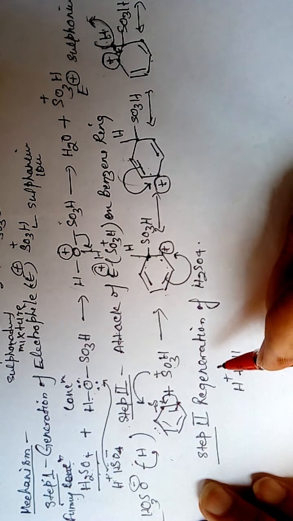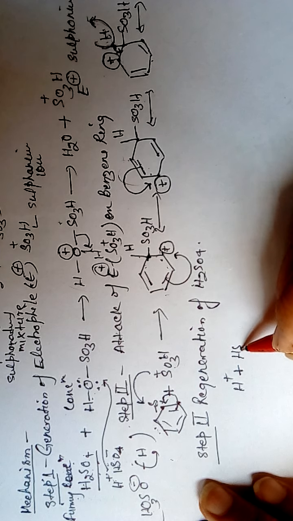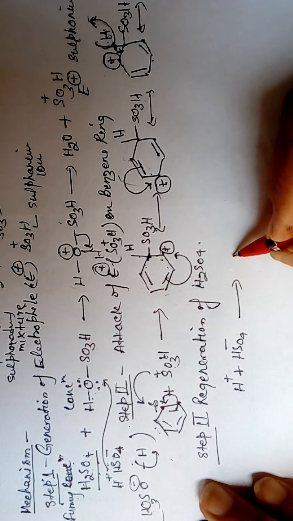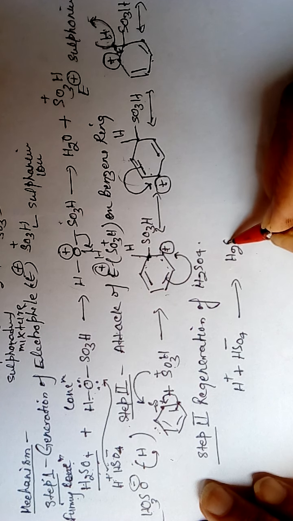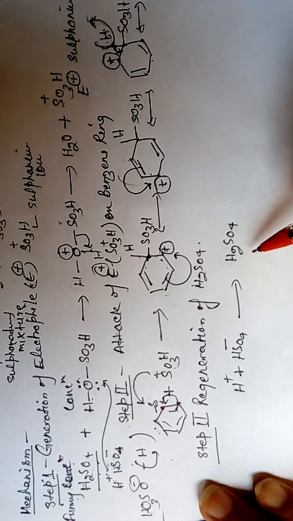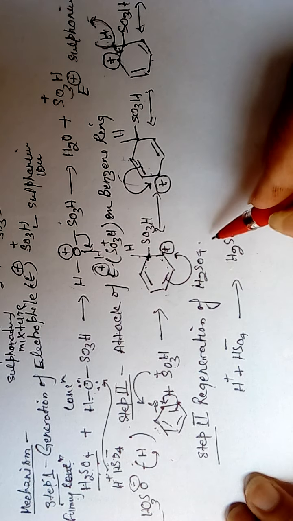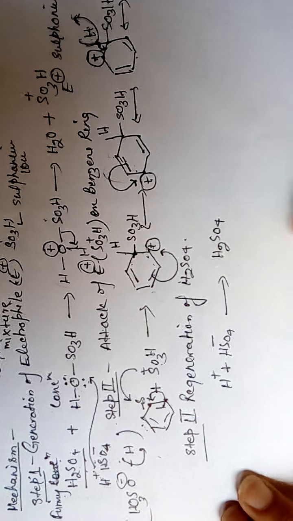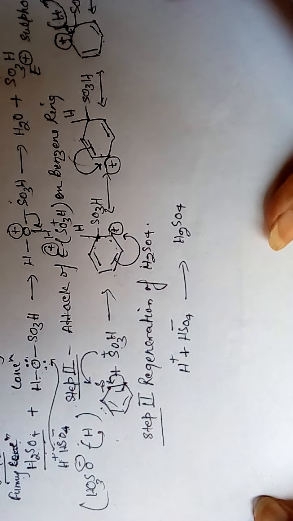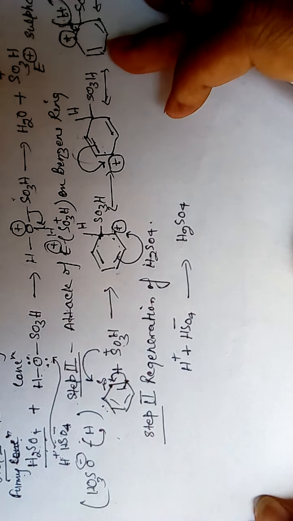This HSO4 minus reacts with this H plus and forms H2SO4, so sulfuric acid is regenerated here. Now this reaction of sulfonation of benzene is completed.